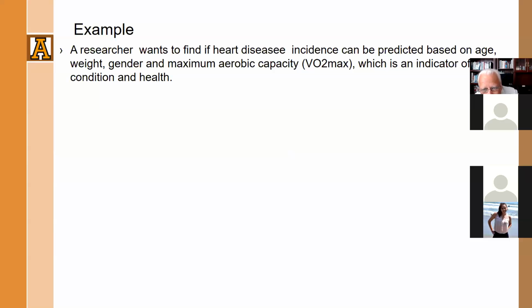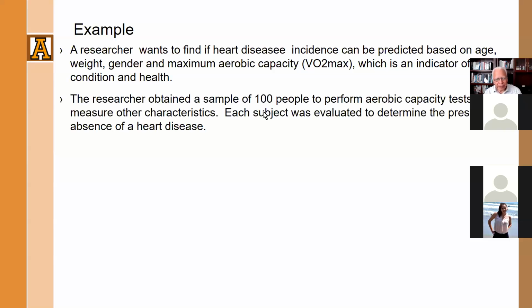So we'll look at this example, and we need to find if heart disease incidence can be predicted based on age, height, gender, and maximum aerobic capacity, VO2 max, that's an indicator of physical condition and health.